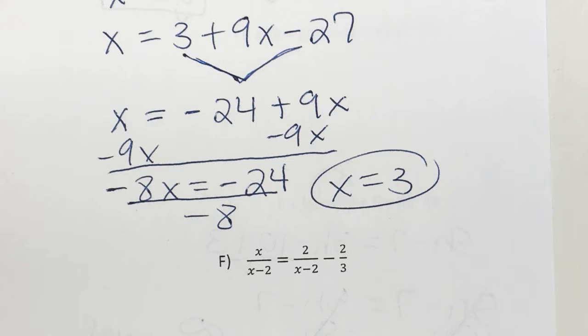What was our answer? 3. Okay, so I'm going to replace every x up here with 3. Alright, so what happens right here? Are you sure it equals 0? 3 minus 3 is 0, right? What's 3 divided by 0? No solution. Can you divide anything by 0? Y'all know this, right? So we can't check this problem, right? Because it's going to be undefined on both sides because it's 3 minus 3, so you have 0 on the bottom. So this one, no solution.